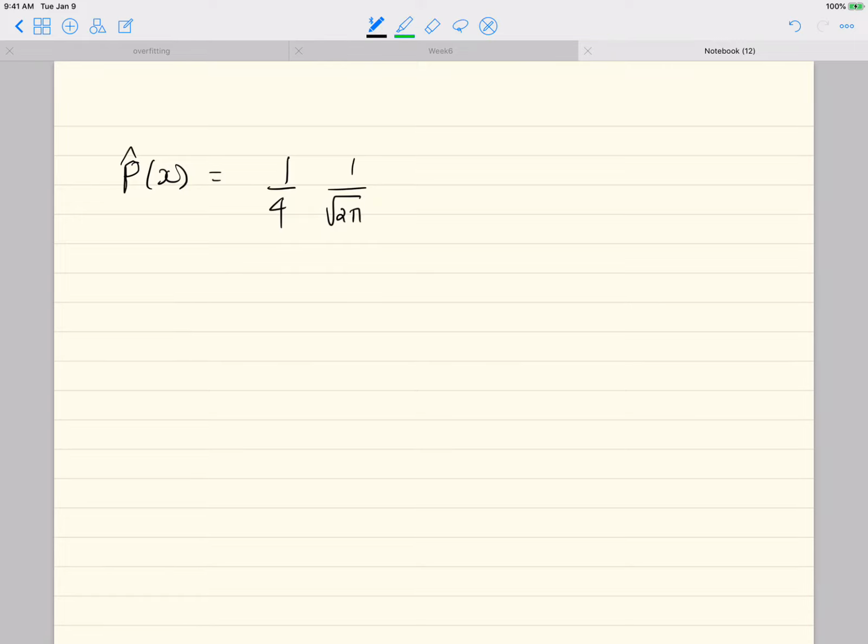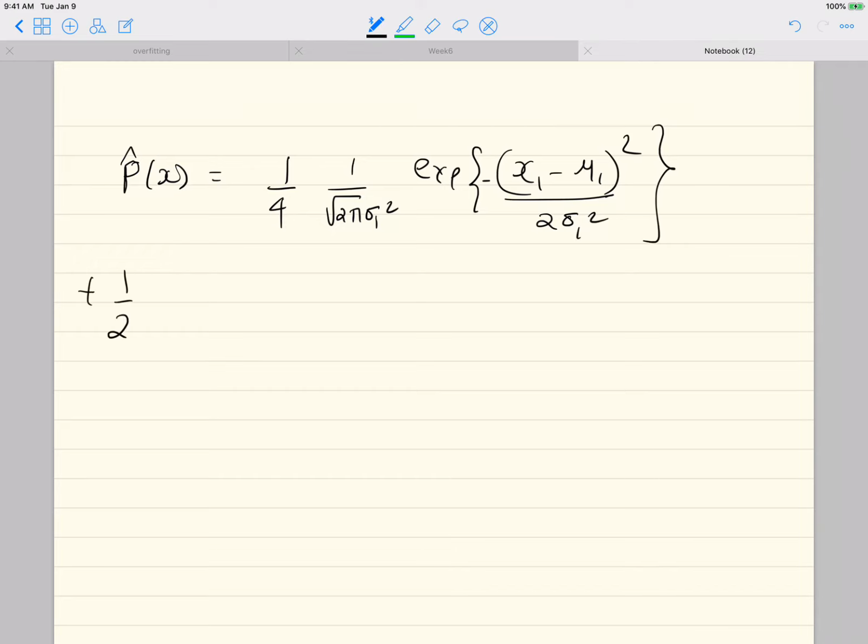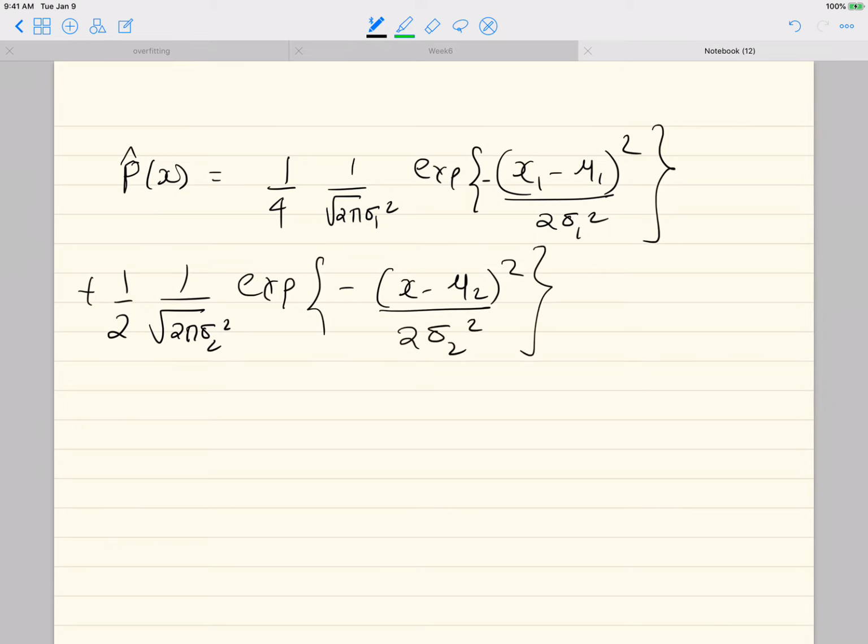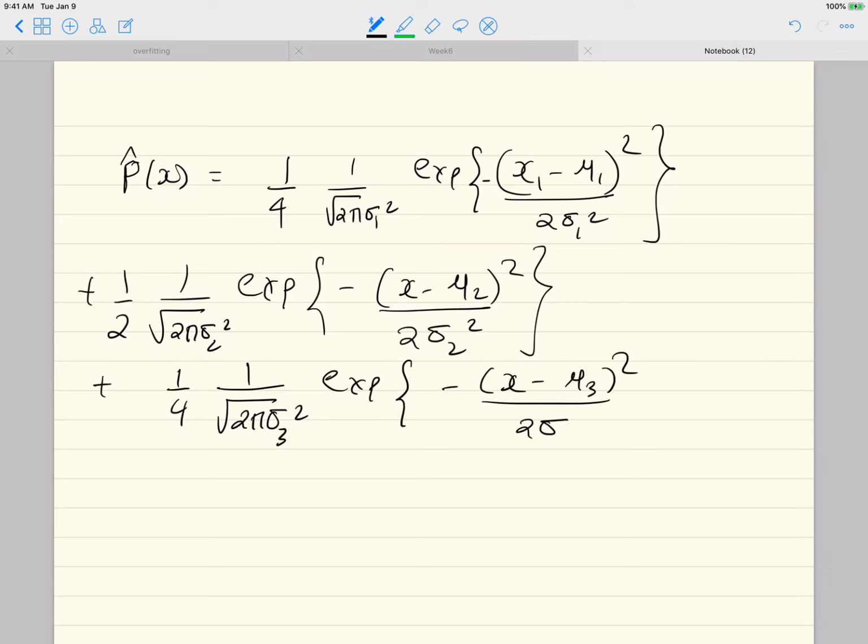Any other questions? So in this example, if I were to write p hat of x, it would be 1/4 times 1 by root 2 pi sigma 1 square exp minus (x minus mu1) square by 2 sigma 1 square, plus 1/2 times 1 by root 2 pi sigma 2 square exp minus (x minus mu2) square by 2 sigma 2 square, plus 1/4 times 1 by root 2 pi sigma 3 square exp minus (x minus mu3) square by 2 sigma 3 square. That's mathematically what the figure on the previous slide shows.